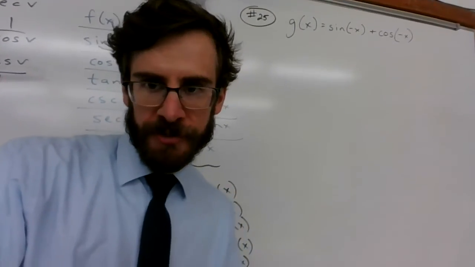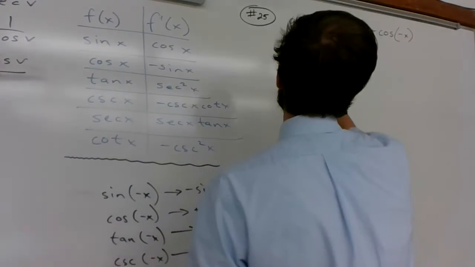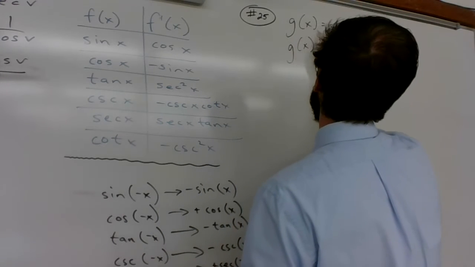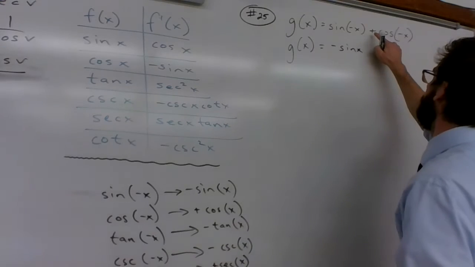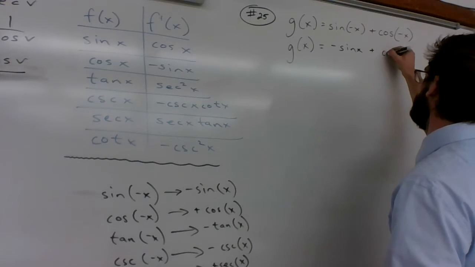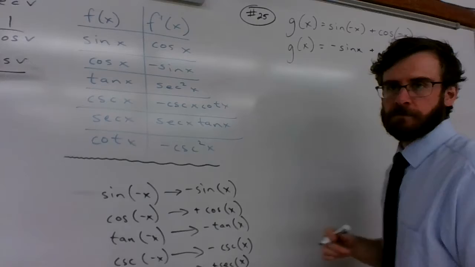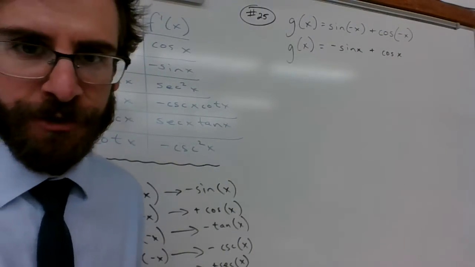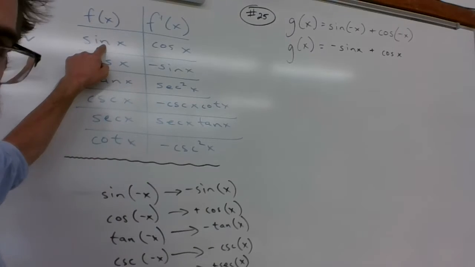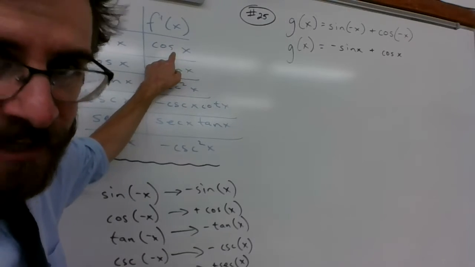So what you would do first is you'd say, I'm going to rewrite this as the negative sine of x plus cosine of x. That's just how it works. Then you can take your derivative. A negative sine would give me a negative cosine.